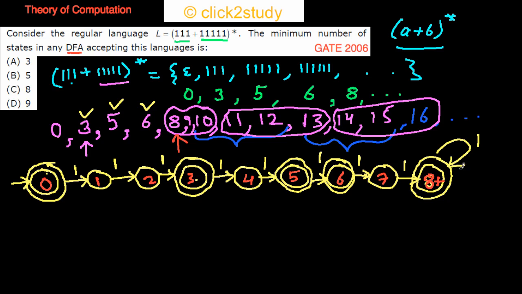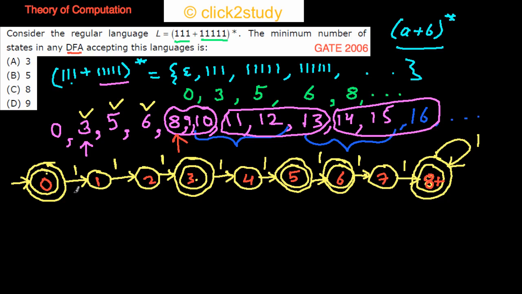But you can keep on adding ones, because after 8 there is a continuous sequence of strings you can get: a string of 9 ones, 10 ones, 11, and all these lengths are possible. So you remain in the same state, and that's why I call this state 8 plus. That means 8 and all other higher strings. This is fine.